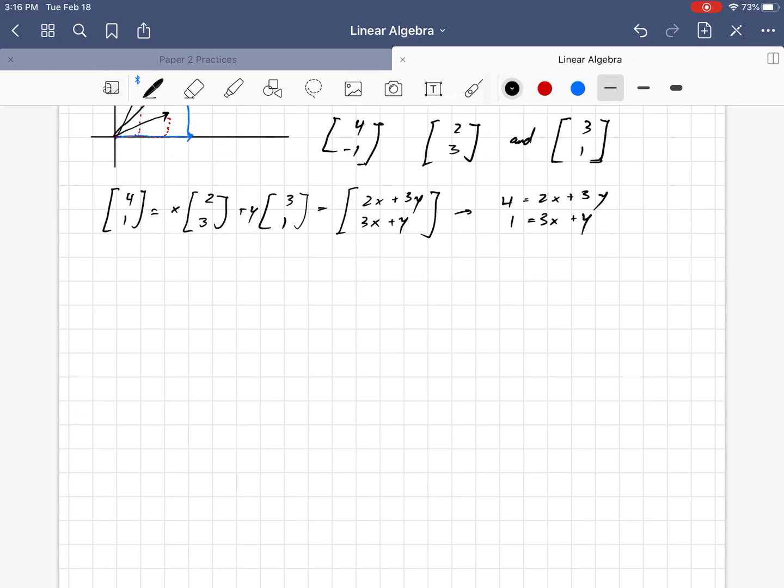So what I'm going to do is multiply the second one by 3 and subtract them. So I get 1 is equal to 2x minus 9x, which is minus 7x. And then the y's cancel out. So x would be negative a seventh.